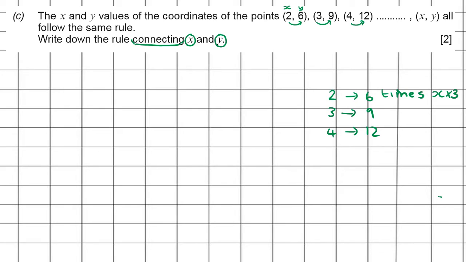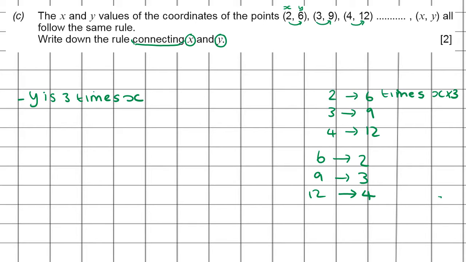So y is 3 times x. So that's one of the answers. So how do we get from y to x? We get 6 to 2, 9 to 3, 12 to 4. To get from 2 to 6, we times by 3.